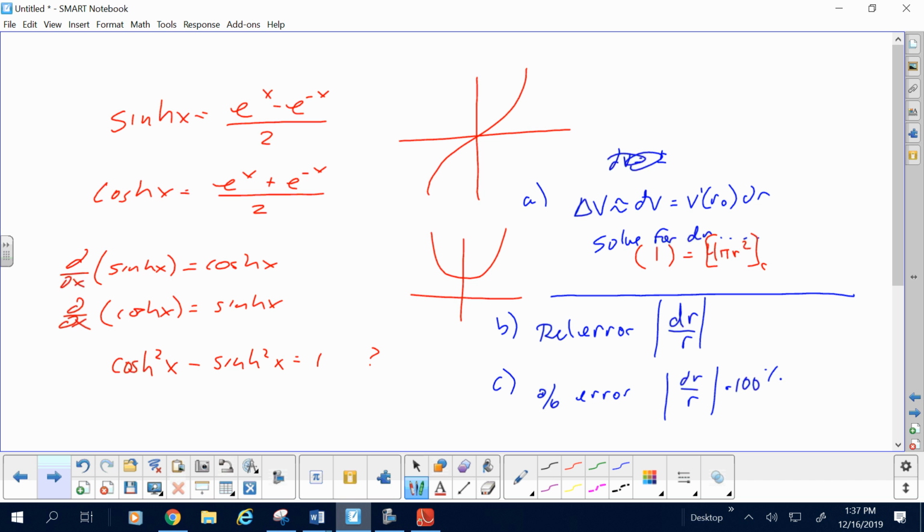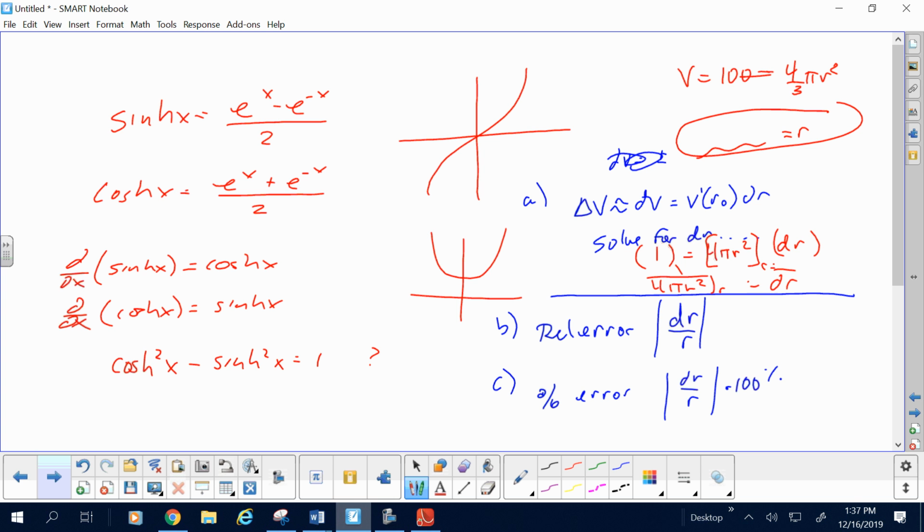Unfortunately, you don't know r initial either, but if the volume is 100, that implies r is some ugly decimal. So that'll be at that, and then dr is that which you're solving for. So dr would be something like 1 over that. Does that help?